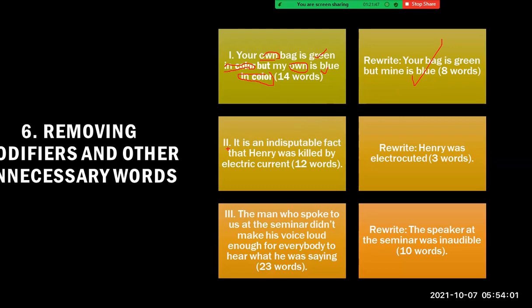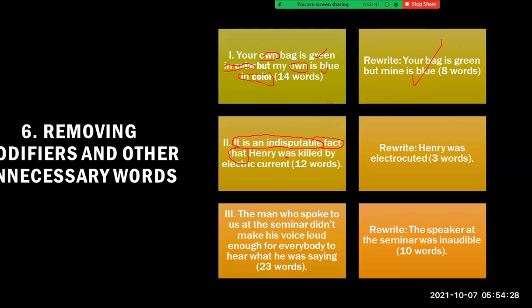Example number 2: it is an indisputable fact that Henry was killed by electric current. Now, "it is an indisputable fact" is an unnecessary expression. We have to reduce it. All right? "An indisputable fact that", all these are unnecessary, so we eliminate them completely.